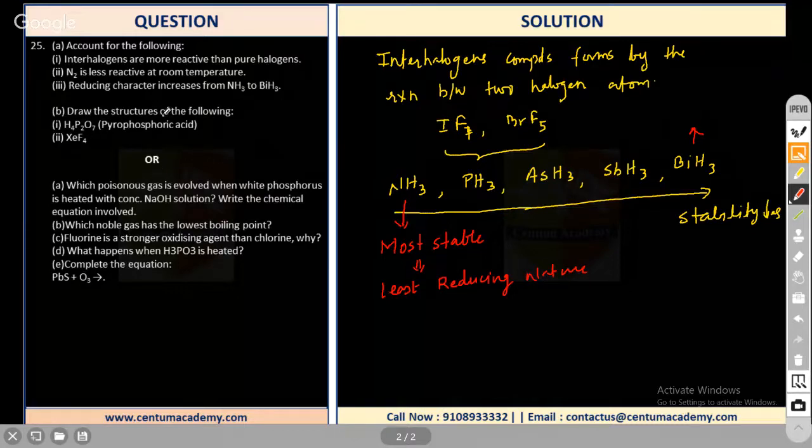Okay, can you draw the structure of H4P2O7? I know I cannot see, but just tell me how this structure would be. Pyrophosphoric acid, H4P2O7.